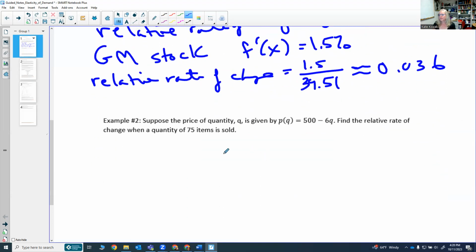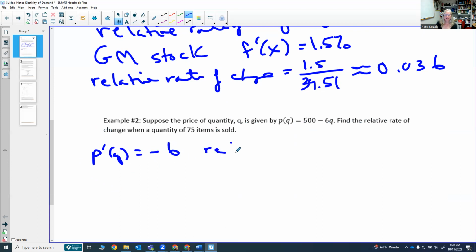Example number 2. Suppose the price of quantity Q is given by P of Q equals 500 minus 6Q. Find the relative rate of change when the quantity of 75 items is sold. First we need to find P prime of Q. P prime of Q would be minus 6.